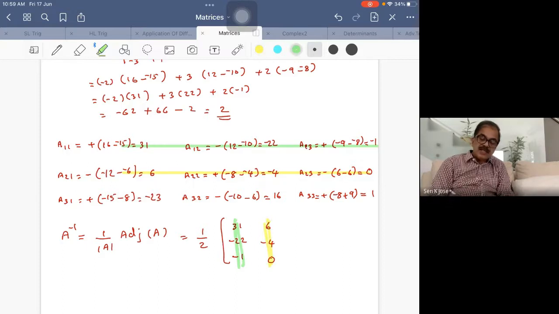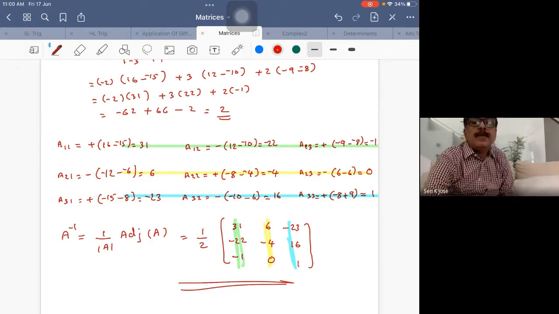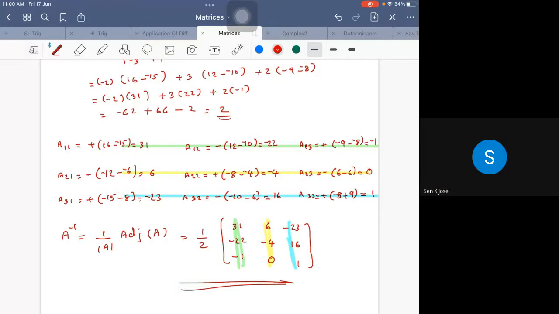Then read the third row and copy as the third column. That's -23, 16, and 1. That's my A inverse. Look at that, see if you got every single element correct.